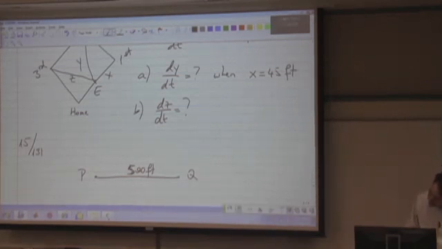The man is walking north at 4 feet per second. So if I label this x, then dx over dt is equal to 4 feet per second. The woman starts walking south at 5 feet per second.